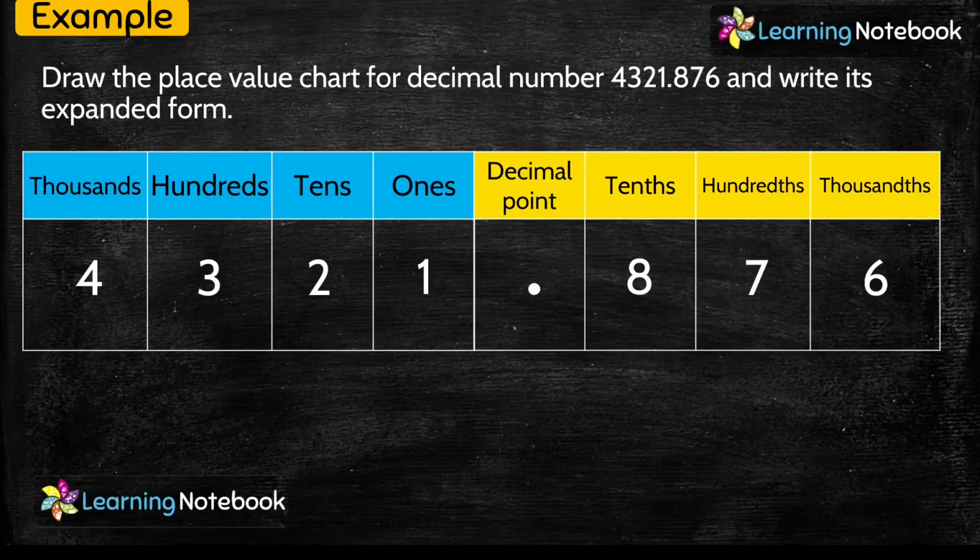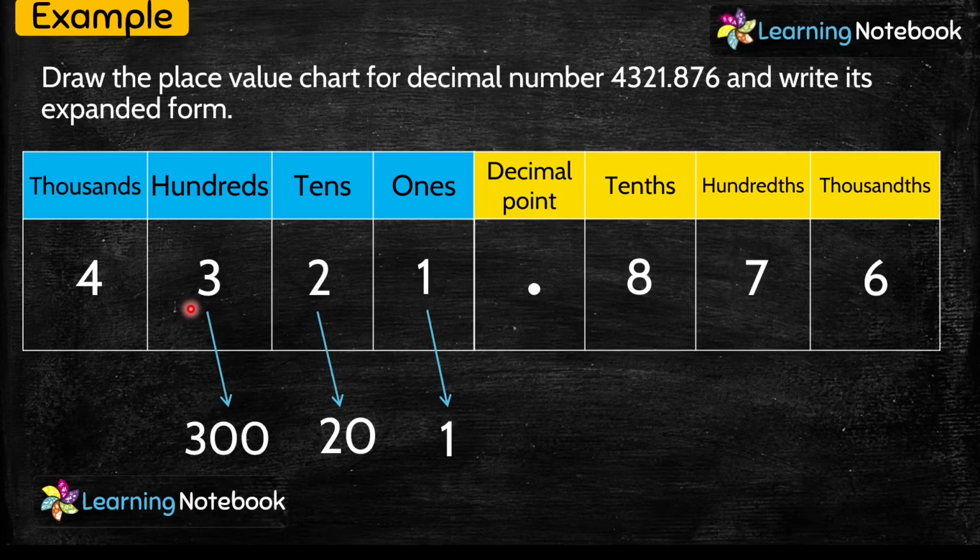Now we need to write the expanded form of this decimal number. For this, first we need to find the place value of all the digits of this decimal number. So let's first write the place value of whole number part. Place value of 1 is 1. Place value of 2 is 20. Place value of 3 is 300.